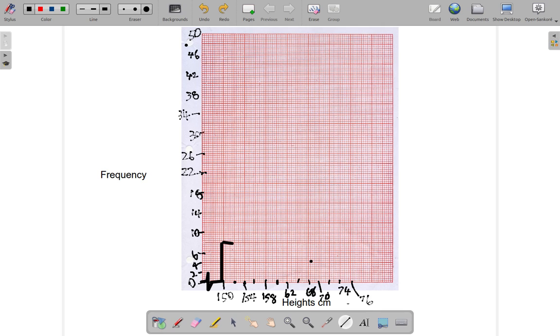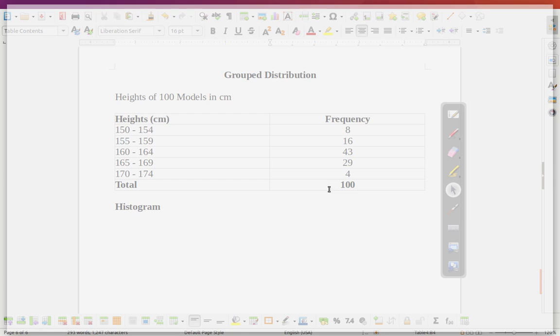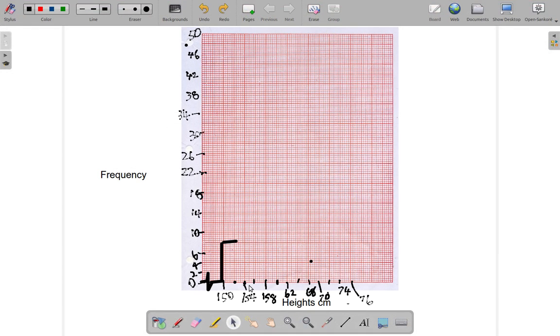And you start going across with your line. Here, it goes to 154. You start your line just to the right of 154, and that is our first bar.